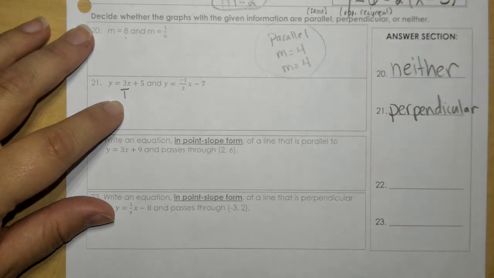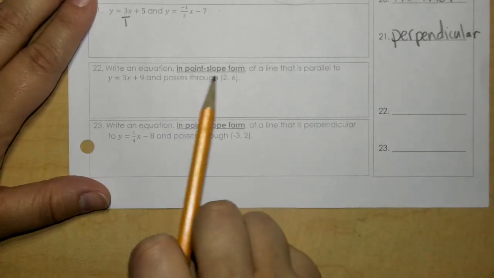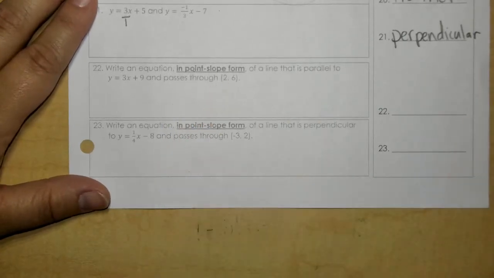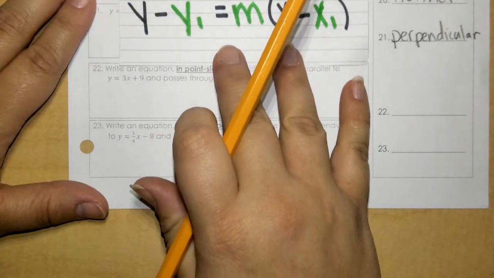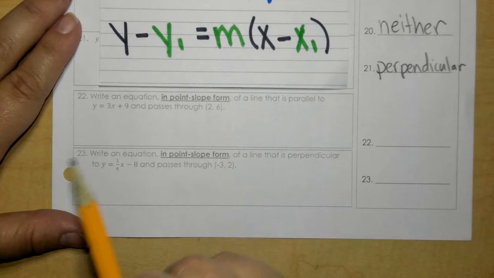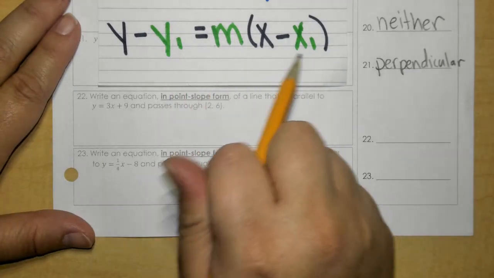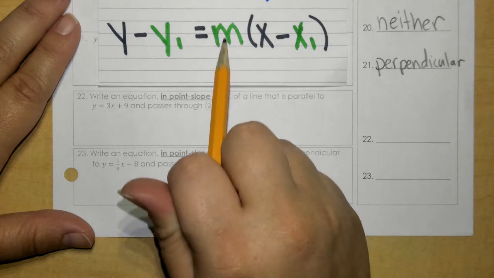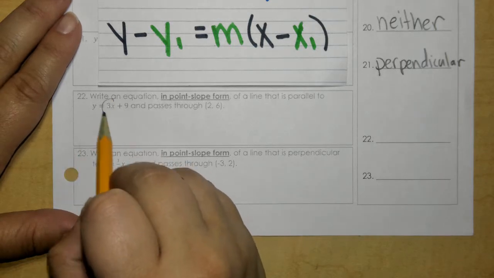Same slope is parallel. For 22 and 23, I see here we got this point-slope form again. So we're back to this equation. Very important. Write it down if you need to write it down so that you have it. Okay. So I need to look to find my point, x and y, and my slope. Okay, so my slope, if I look here, it's 3x.